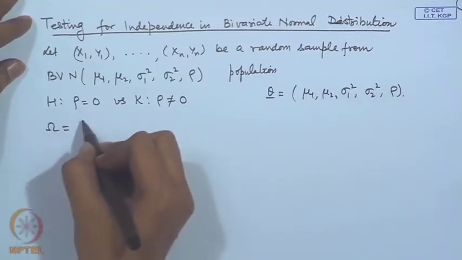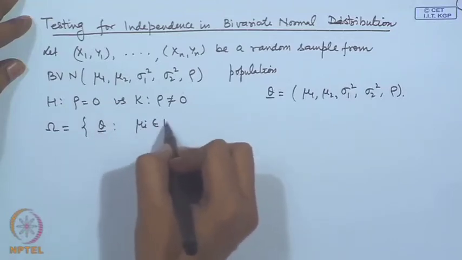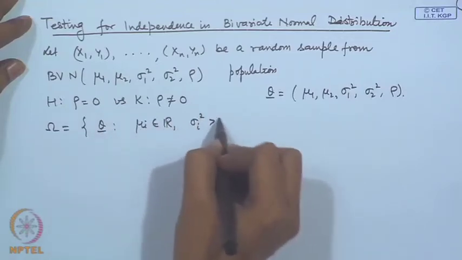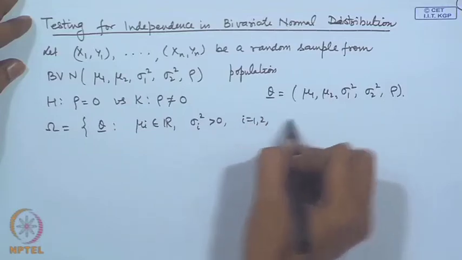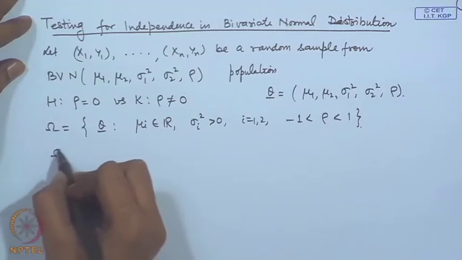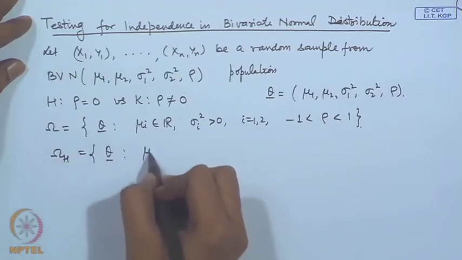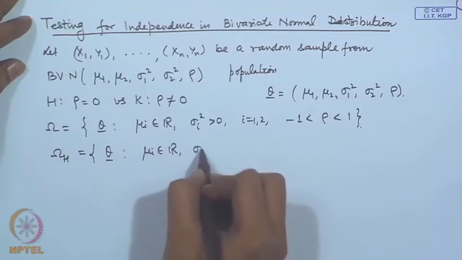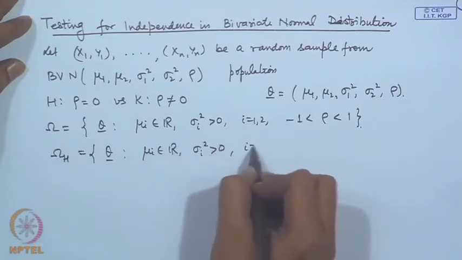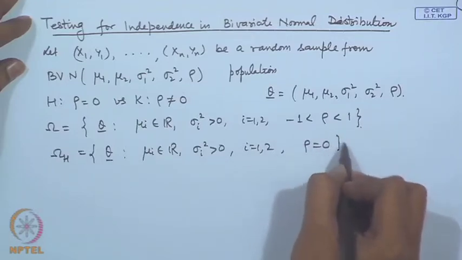The full parameter space here is: mu i's are real, sigma i squares are positive, and rho lies between -1 and 1. Under the null hypothesis, the dimension becomes 1 less: mu i's and sigma i squares remain the same, however, rho becomes 0.